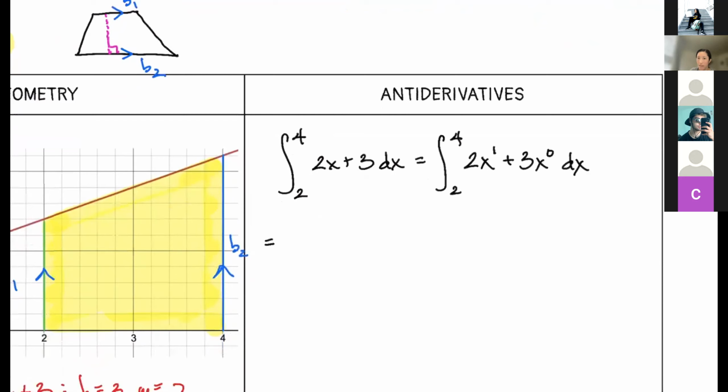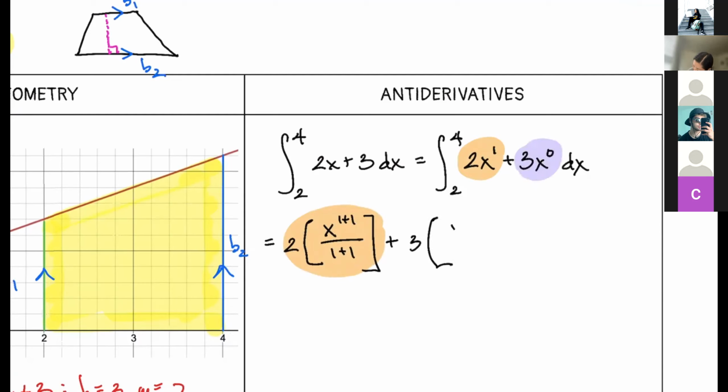And so if we take the antiderivative of the first part, okay, so this part, then we'll have 2 times, let's see, x to the 1 plus 1 over 1 plus 1, all right, plus, so this part corresponds to that orange part, and this part plus 3 x to the 0 plus 1 over 0 plus 1.